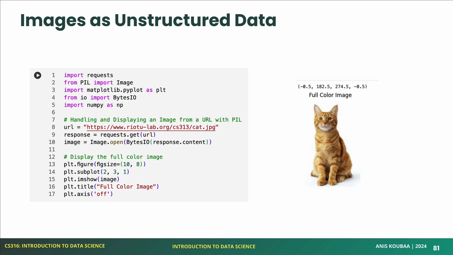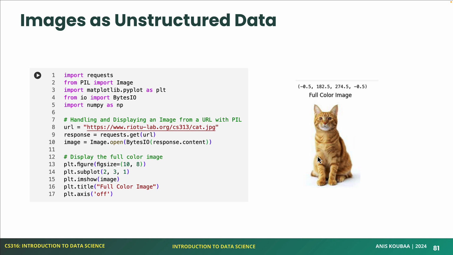So that's another example, but on unstructured data, which are images. This is a very simple Python code that loads a JPEG image and visualizes it using another library called Matplotlib. We're going to have lectures about all these different types of tools. And we can visualize it, so this picture is an RGB picture.